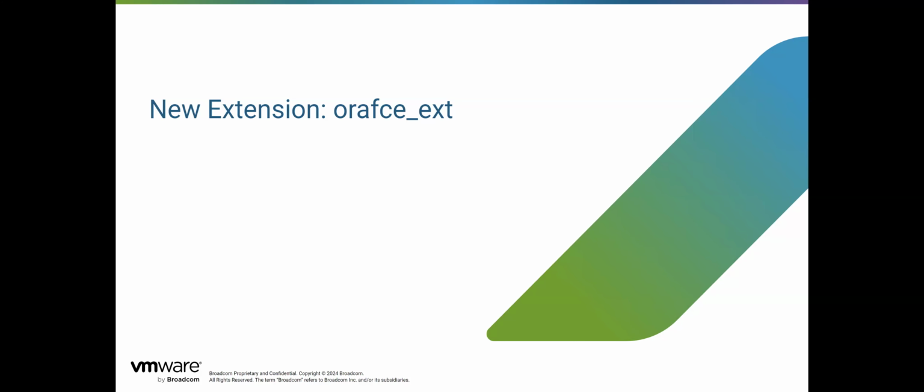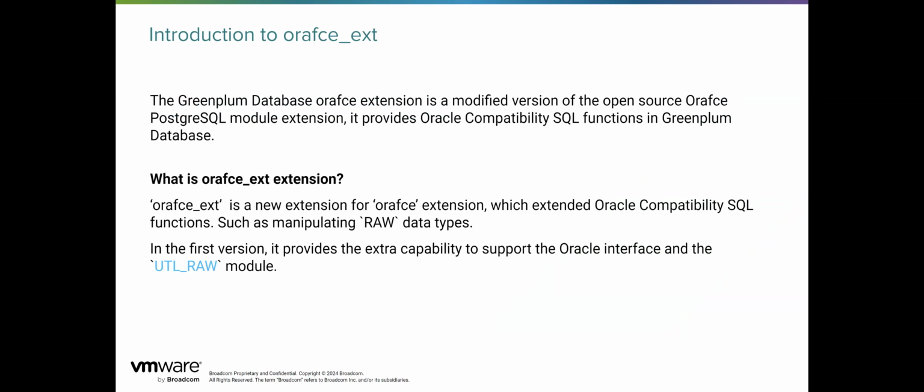As far as the other extension, the ORAFCE. So ORAFCE is an extension for Oracle compatibility. It's built in the open source. We've extended it, which is why it's _ext, because some of our customers want more Oracle extension capability or more Oracle compatibility. So we've added a data type called UTL raw, which is a data type that Oracle has.